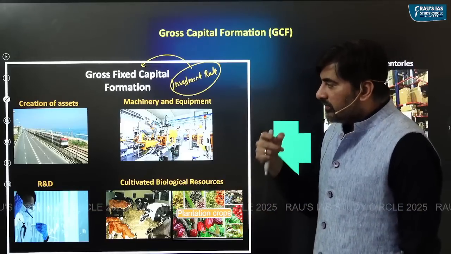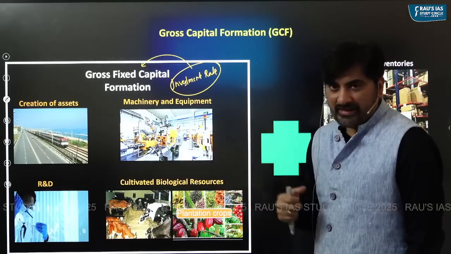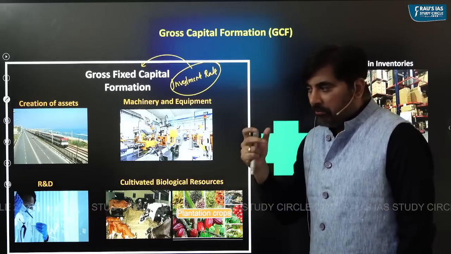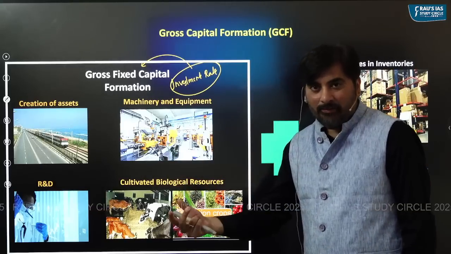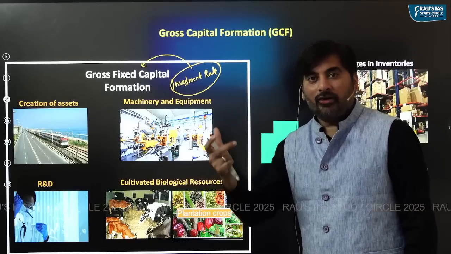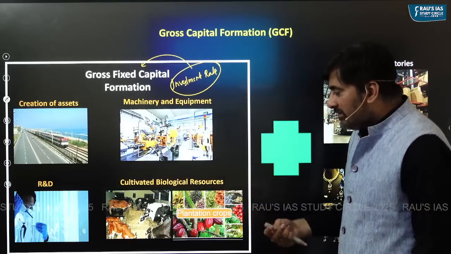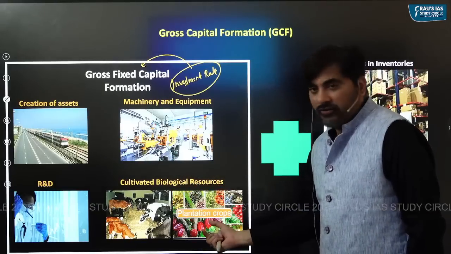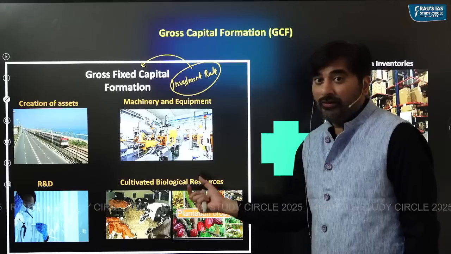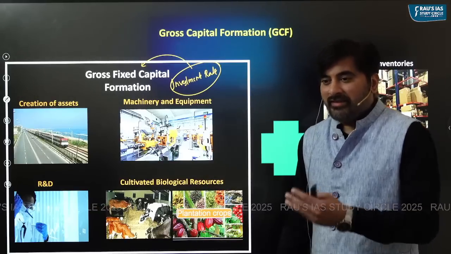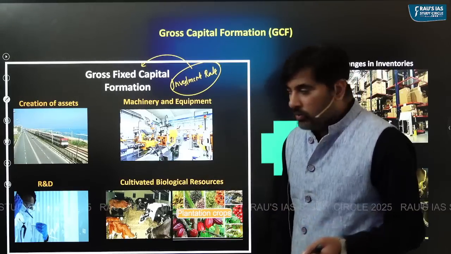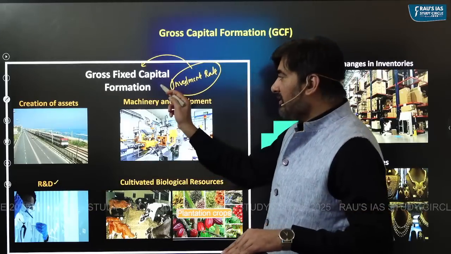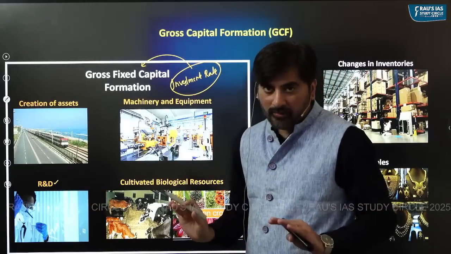So this includes money that we spend on creation of assets, money which is spent to buy machinery and equipment, money which is invested in research and development, which may lead to development of patents, as well as changes in cultivated biological resources. Even this is also included. Now, there is a confusion as to whether research and development is included in the gross capital formation of India or not.